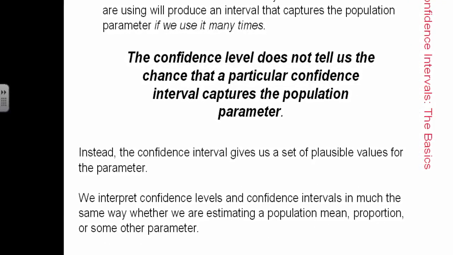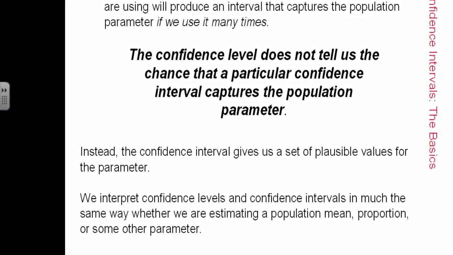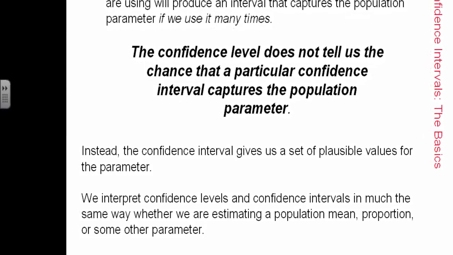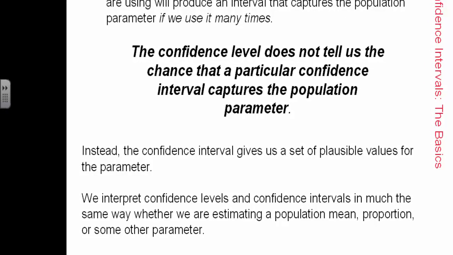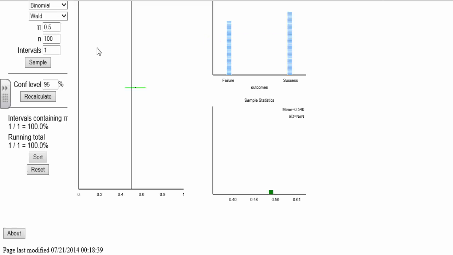We interpret confidence levels and confidence intervals in much the same way whether we are estimating a population mean, population proportion, or some other parameter. In this example, we look at a sample size of 100. Our p is 0.5. They use pi for p in this problem, and then we can take different samples with a confidence level of 95%.